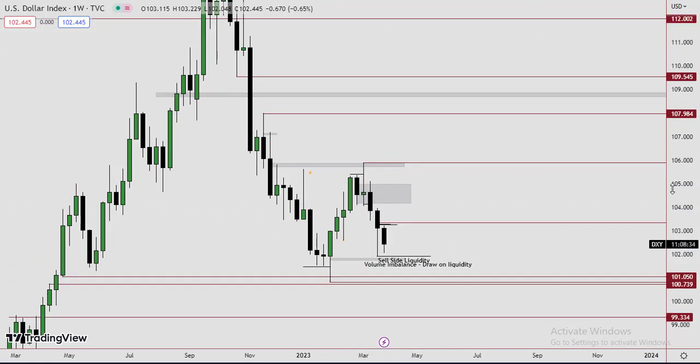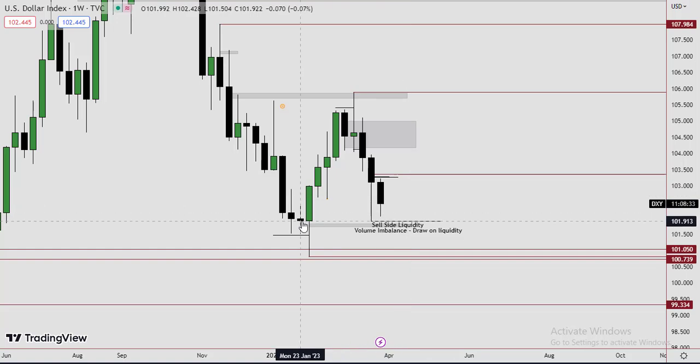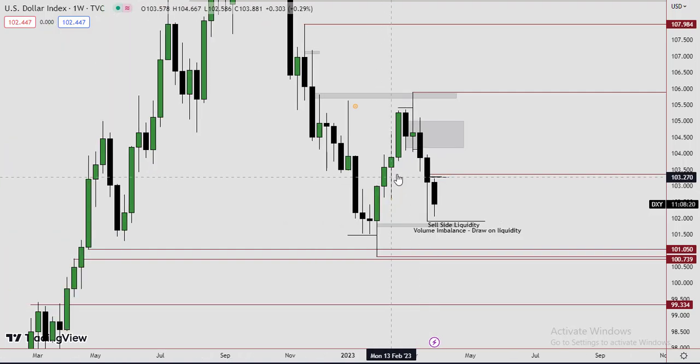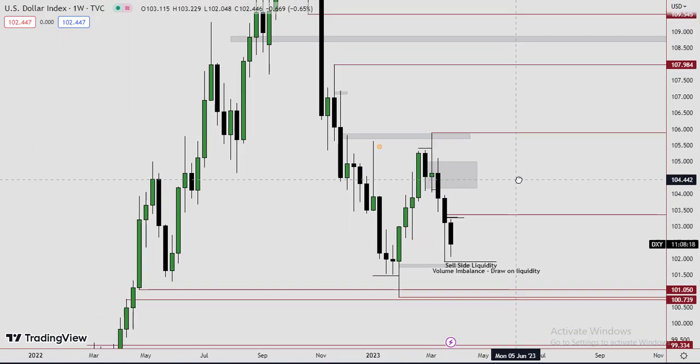Then we saw it repriced into that bullish order block right here, or you can call it the rejection block. Price traded into it the previous week, and this fast or sharp rejection to the upside tells me that there might be a cessation of sell pressure.